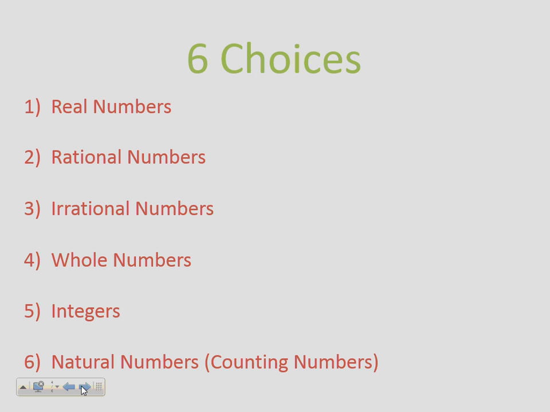So here's what I'm going to tell you. All numbers in Algebra 1 are real. Does that mean every number is real? No, but everything that you're going to learn in this class is real.